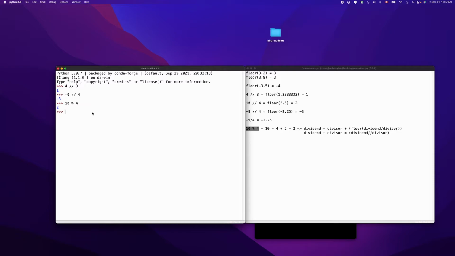Let's try an example. If we assign S1 as hello, S2 as a blank space, S3 as word, we want to do S1 plus S2 plus S3. It is hello, a blank space, word.